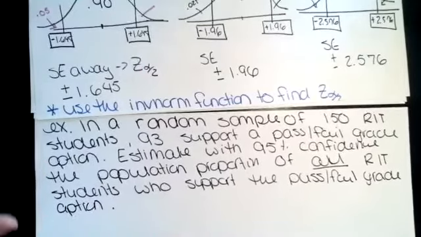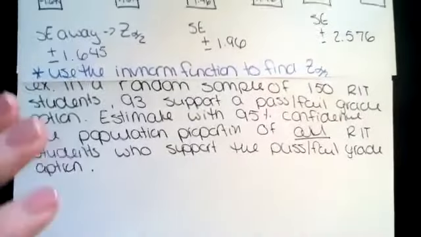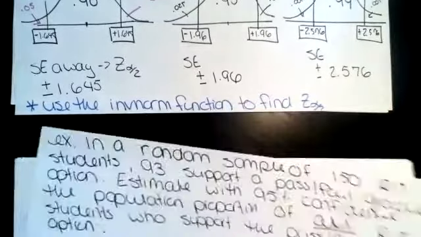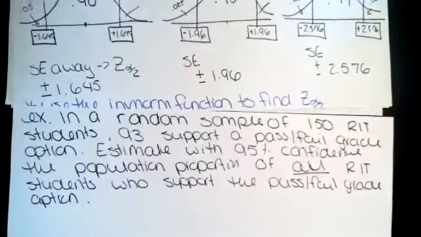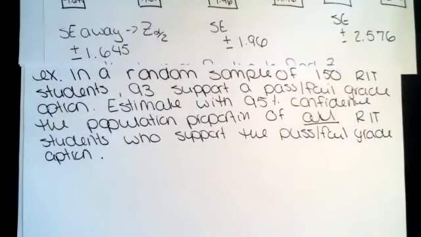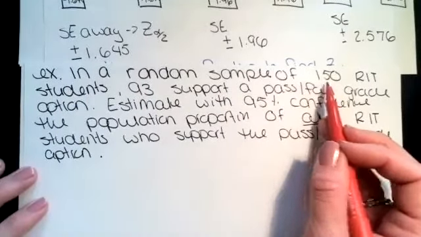Okay. So let me just underline a few things, I'm having trouble with my paper here. So we know what we're looking at. How do we know this is a CI? How do we know what we're going to do here? When we're looking at this, it talks about a sample of 150.